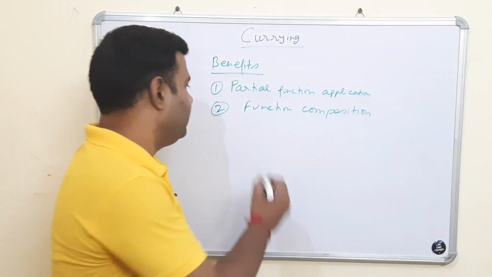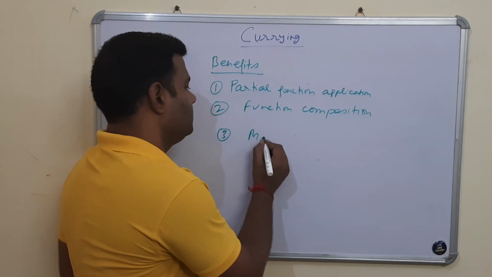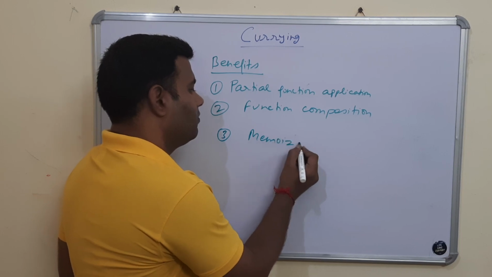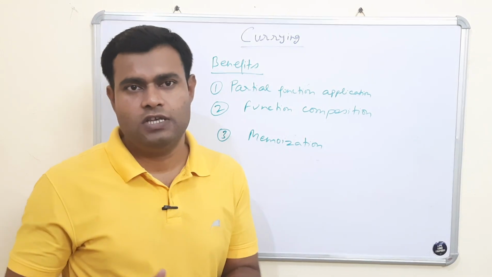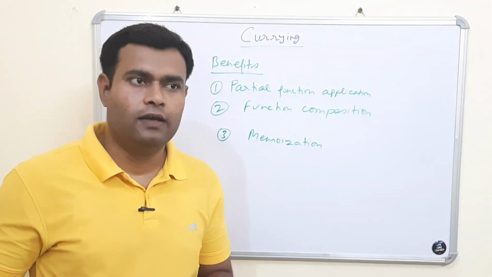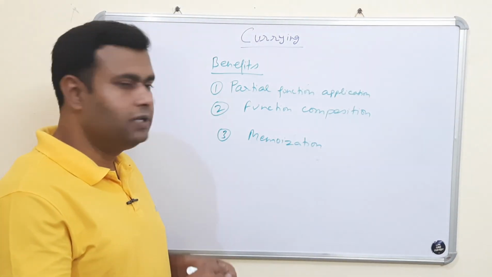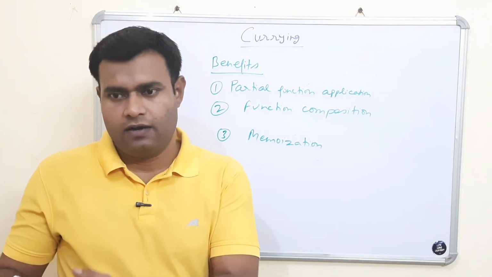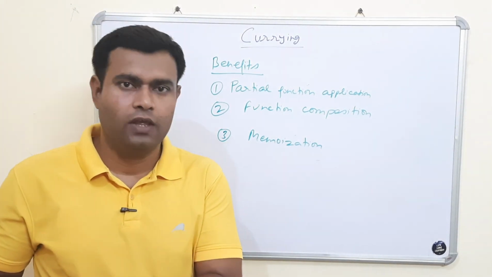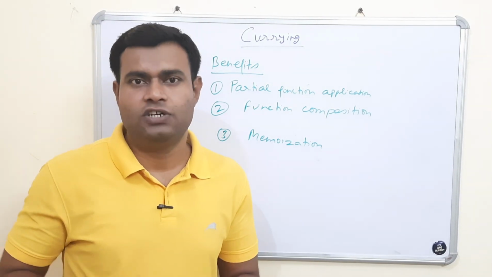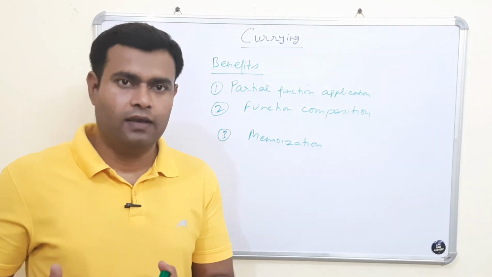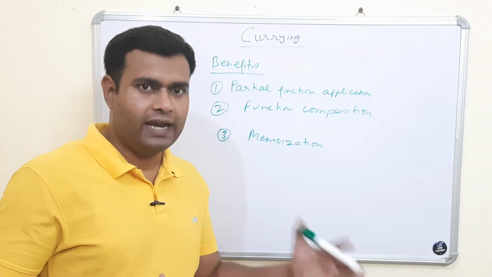Now the third benefit is memoization. Memoization is a technique for improving performance. For example, if you cache the results of functions which take a lot of time or memory, let's say compute intensive or memory intensive, then on the next iteration you don't have to recompute it. You can use the value directly from the cache.